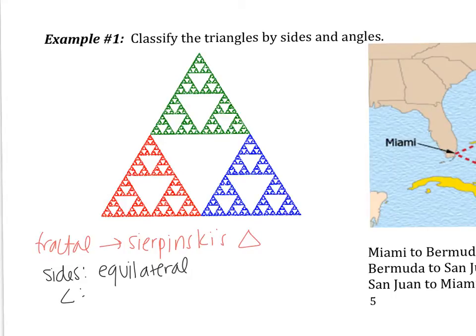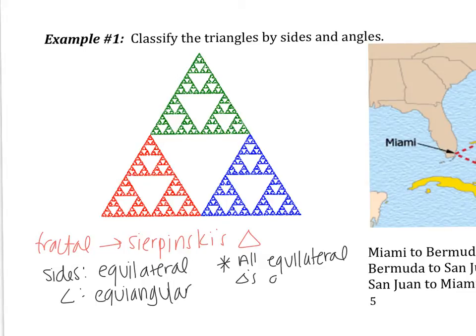In terms of angles, it also looks like the angles are congruent, so this would be an equiangular triangle as well. This brings us to a point that you're going to learn later in the chapter, but I'll give you a little preview. All equilateral triangles are equiangular.